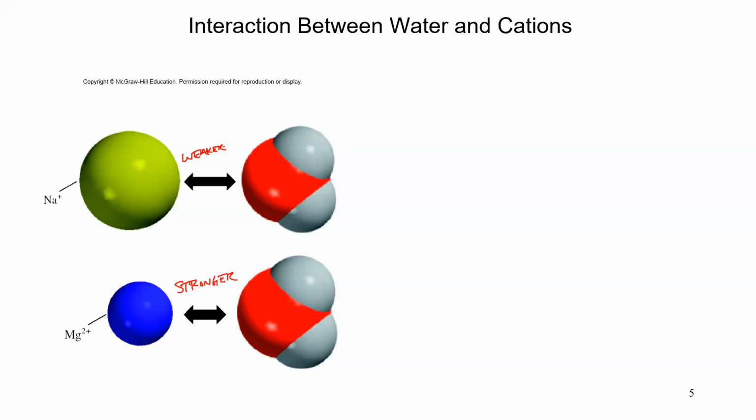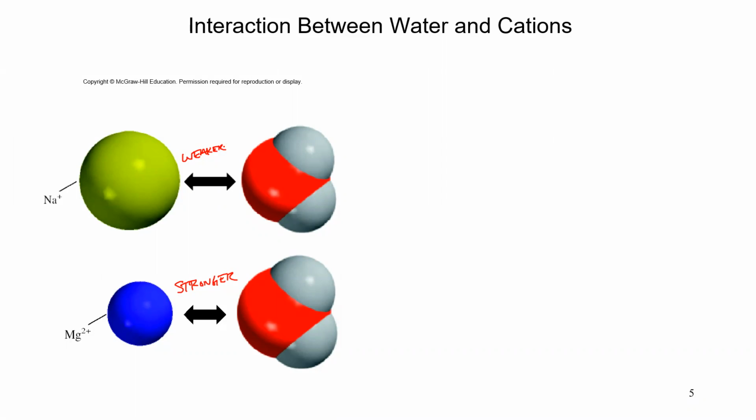Maybe you talked a little bit about this in chapter 10, but interactions between water and ions are one of the main reasons that ionic compounds are soluble in water. When things dissolve, they dissolve because they'd rather interact with water than with the rest of that ionic compound in the crystal.